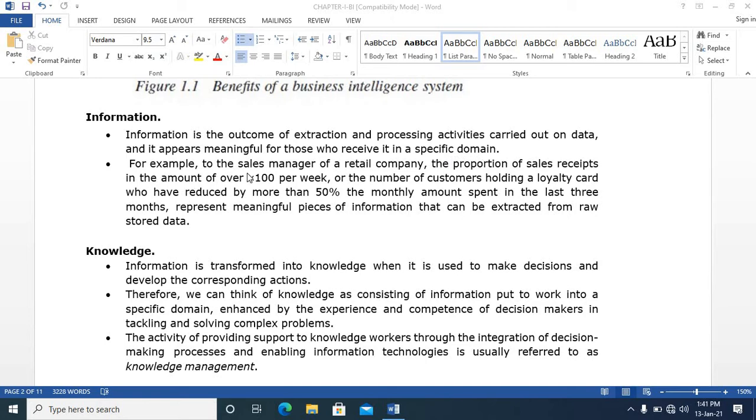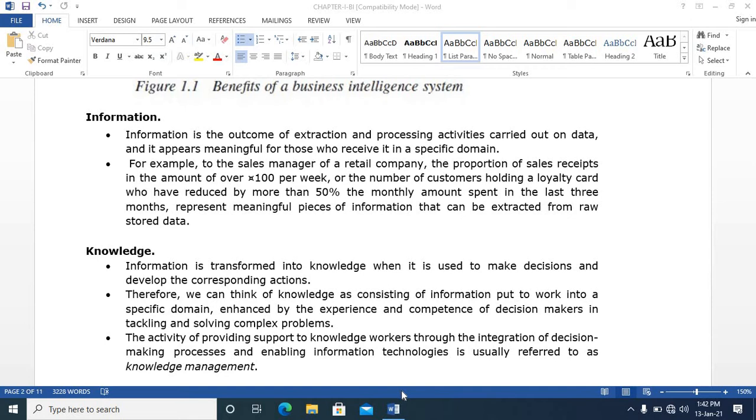For example, to the sales manager of a retail company, the proportion of sales receipts in the amount of over 100 per week, or the number of customers holding a loyalty card who have reduced by more than 50% the monthly amount spent in the last 3 months, represent meaningful pieces of information that can be extracted from raw stored data.